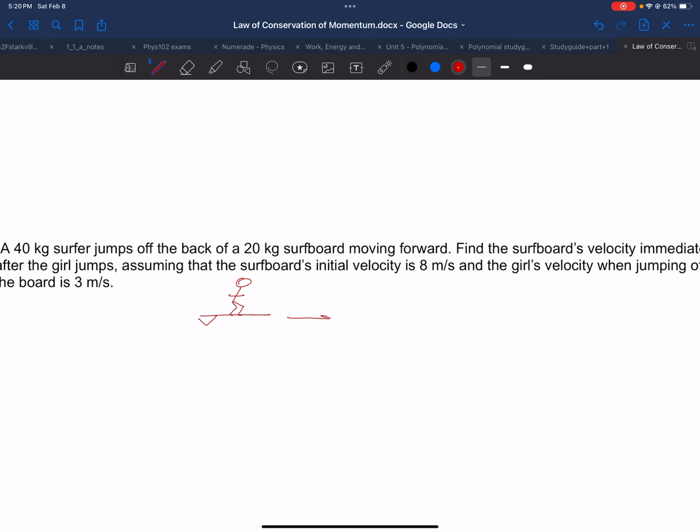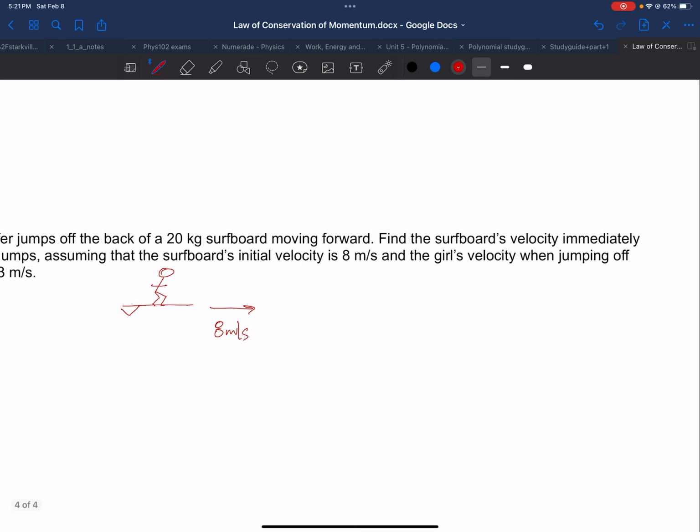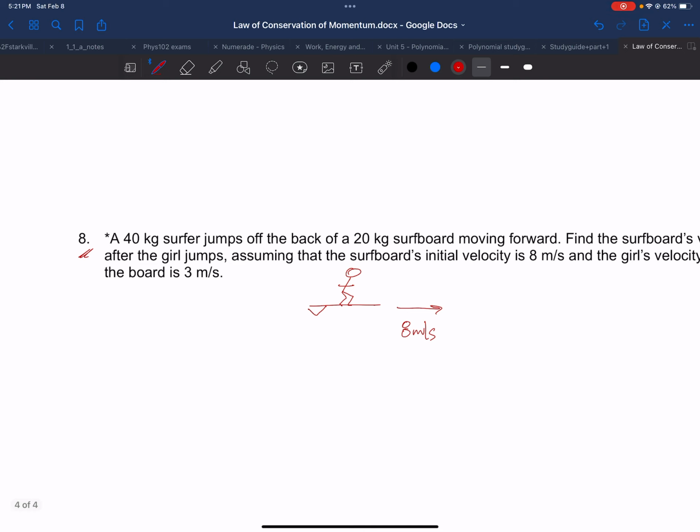The surfboard for sure goes forward. It does not say, right, 8 meters per second is the initial velocity. And it says the girl's velocity when jumping off the board is 3 meters per second. It does not tell you if the girl is jumping forward or if the girl is jumping backward. So on the answer key, I'm going to work both of them.